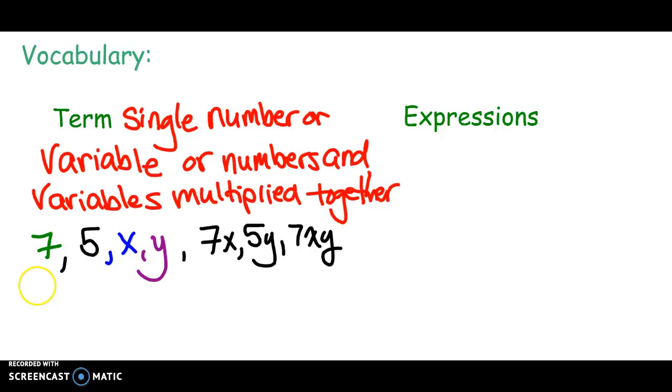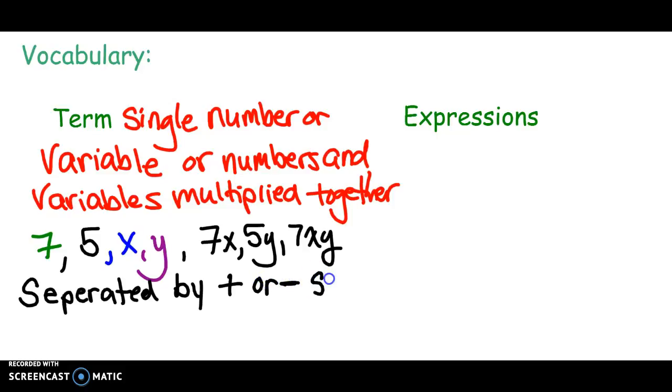What you want to remember is terms are separated by addition or subtraction signs.